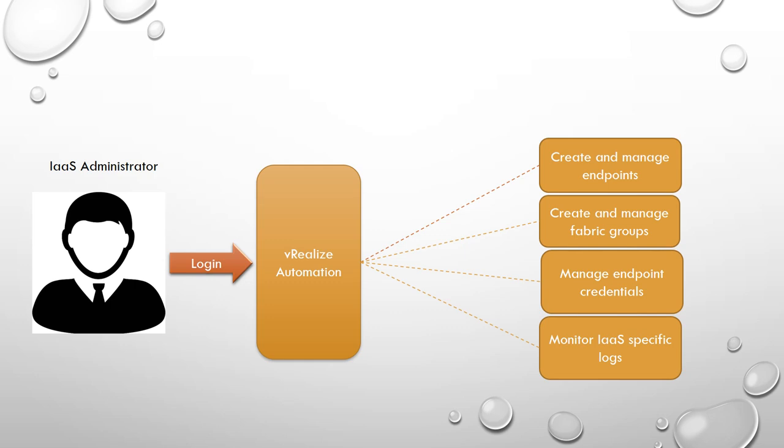The role of the IaaS administrator is designated by the system administrator while creating the tenant, or you could say configuring it. These are the two system-wide roles that exist in vRA Automation. Changes made by them in the default tenant will reflect for all tenants by default. Now, that was some good wordplay, wasn't it?